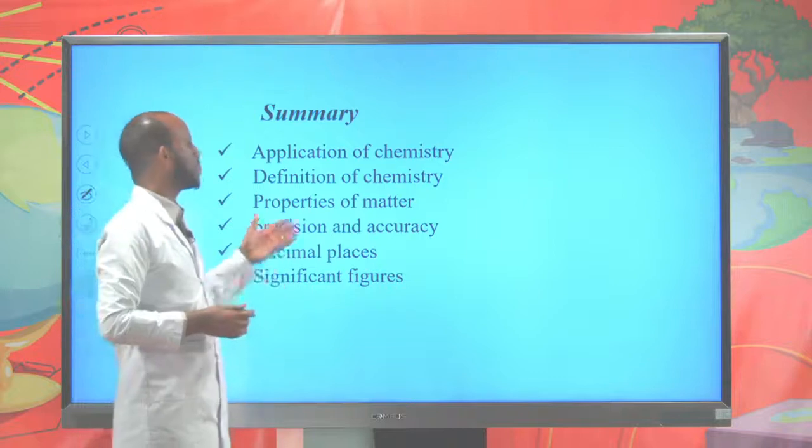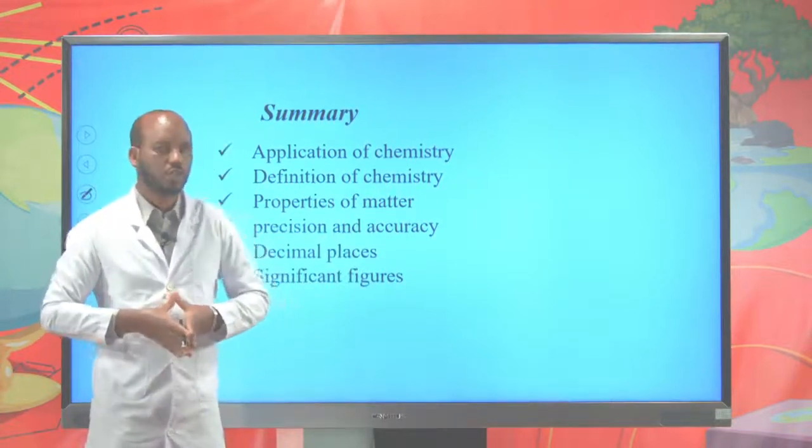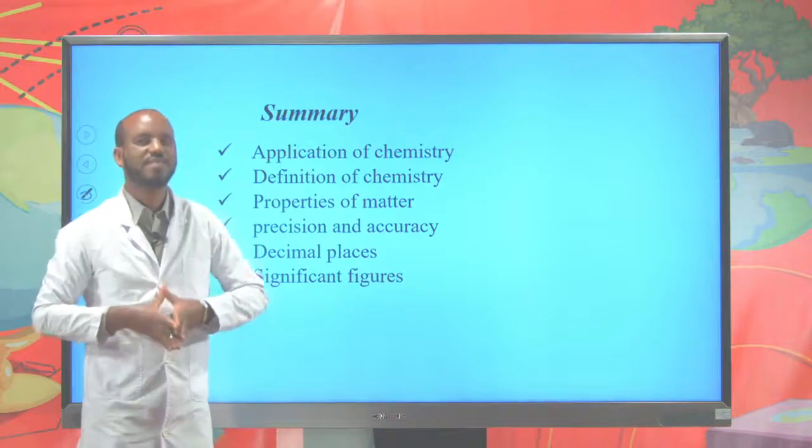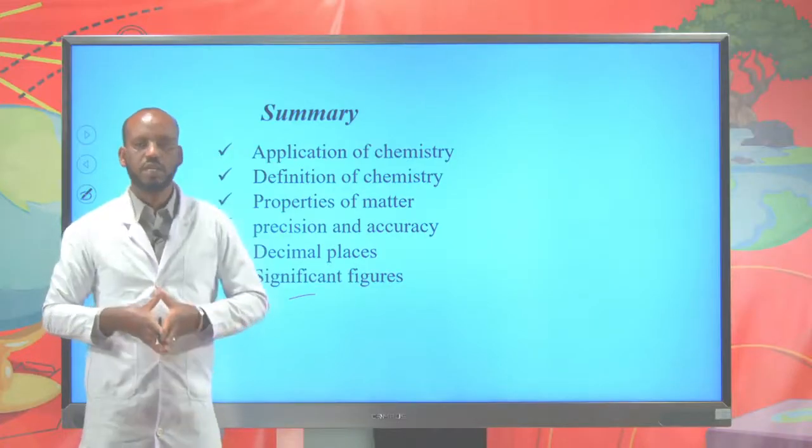We discussed properties of matter. There are two physical properties of matter. These are intensive and extensive properties. We learned precision and accuracy. We learned decimal places. We defined significant figures.